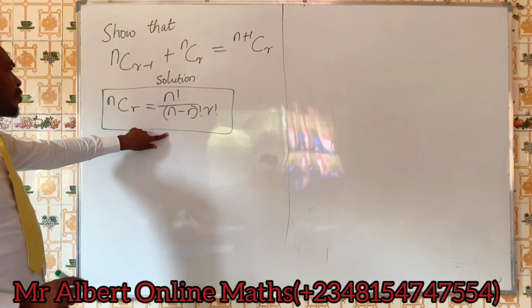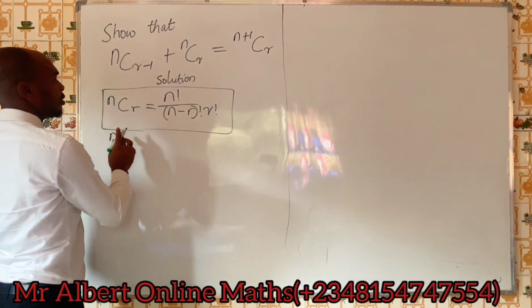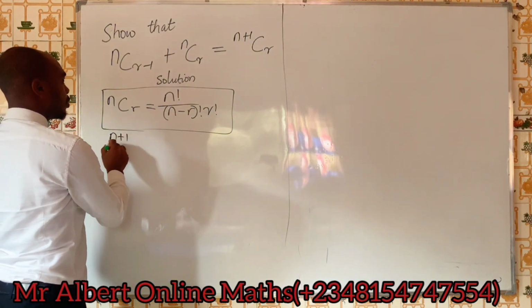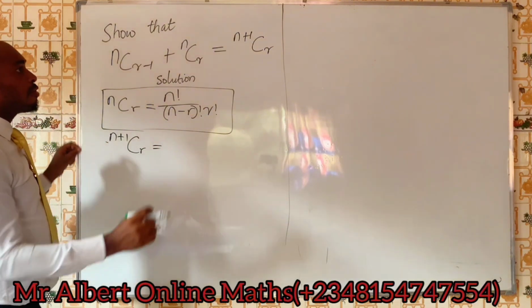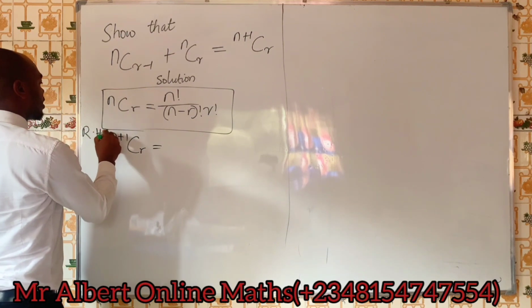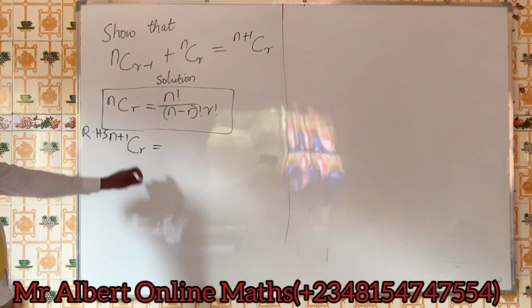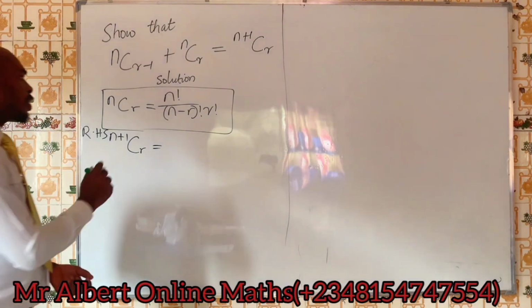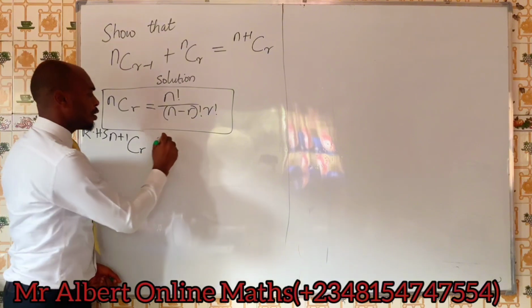So, if you are given n plus 1 combination r, this is our right hand side. Let us start with the right hand side. If you are given n plus 1 combination r, what we are going to do, let us follow this. We pick the factorial of each one.